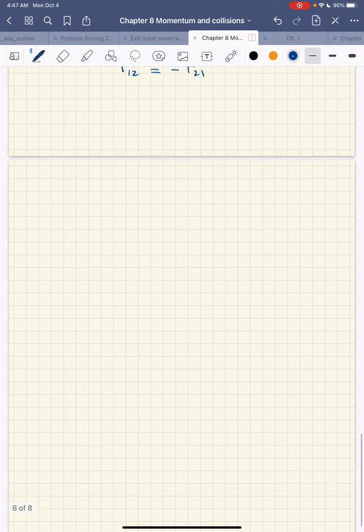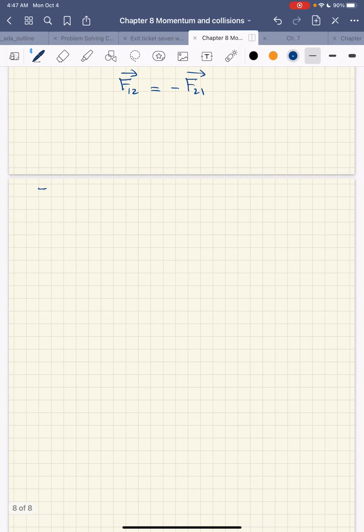Now we have many types of these collisions. The first one that we are going to introduce now is called elastic collision. Now in elastic collisions, these are happening between marbles, billiard balls.